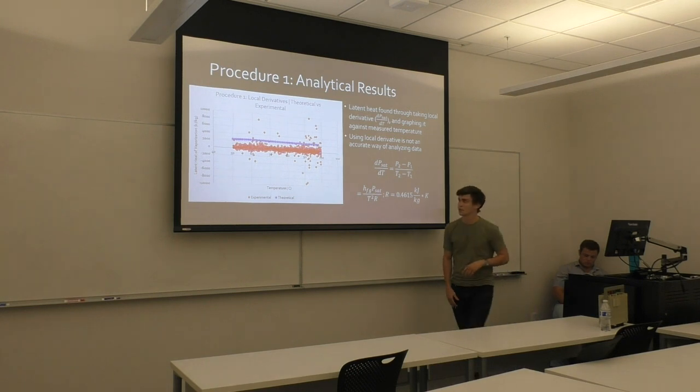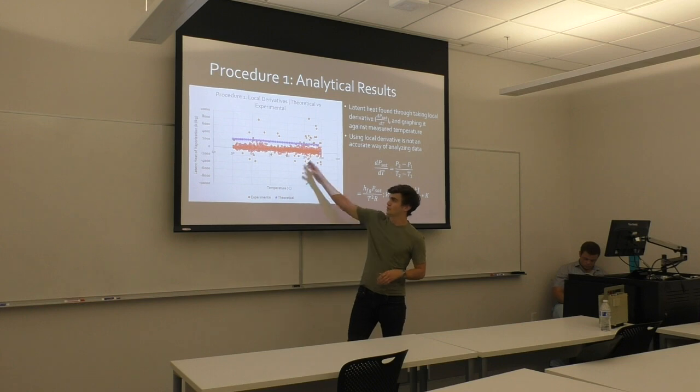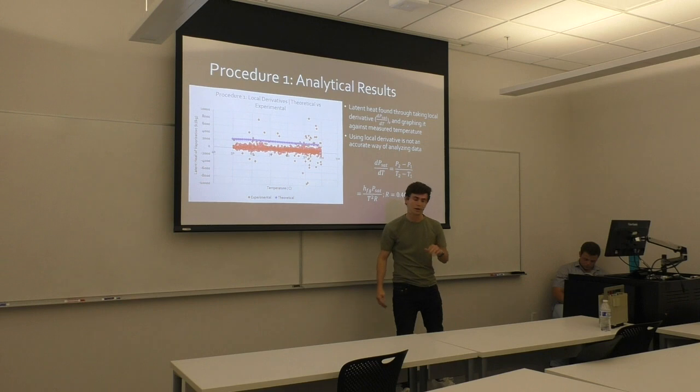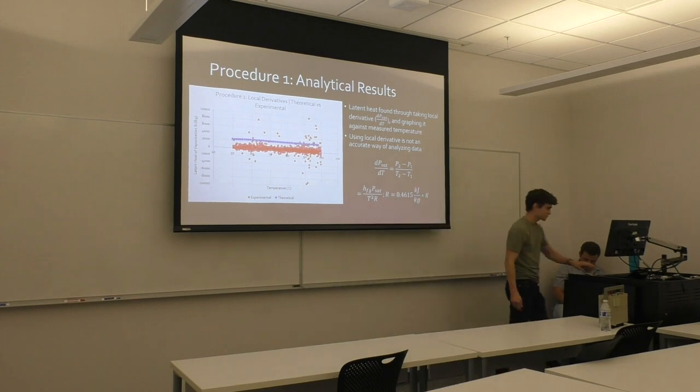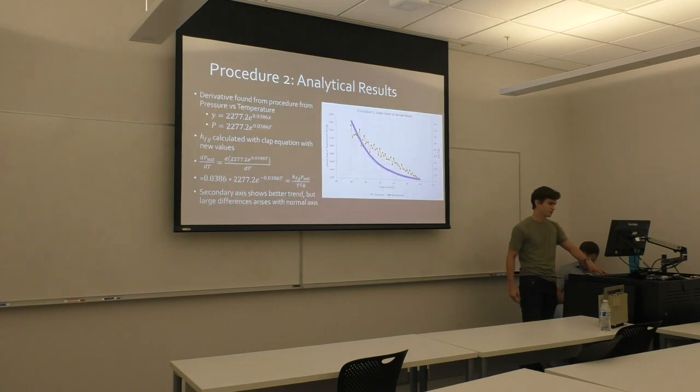As you can see, there's a lot of standard deviation between most of these values, which center around the 0 axis, whereas our actual steam table values are about 2200. I used a gas constant of 0.4615 kilojoules per kilogram Kelvin, and that's how I solved for the local derivative, doing P2 minus P1 over T2 minus T1.